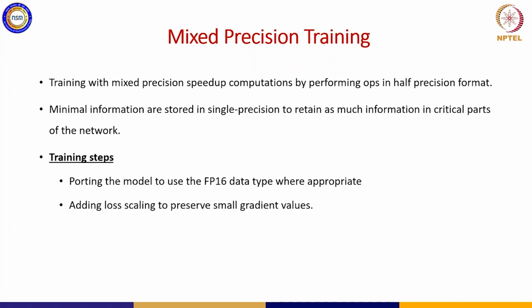So you will not be able to get the accuracy you will get if you are using only FP32. So then the loss of your model has to be scaled. And how do you scale?